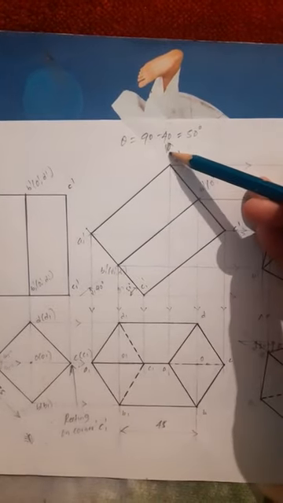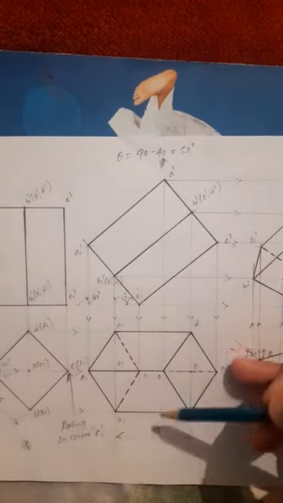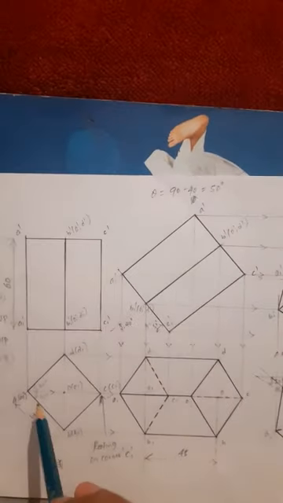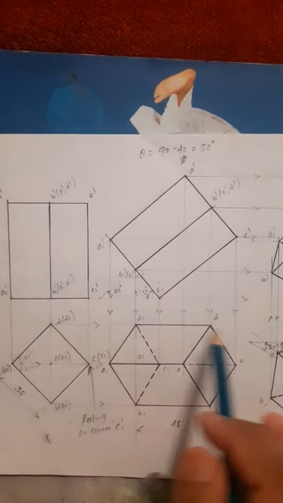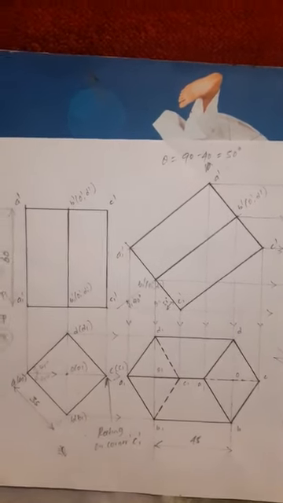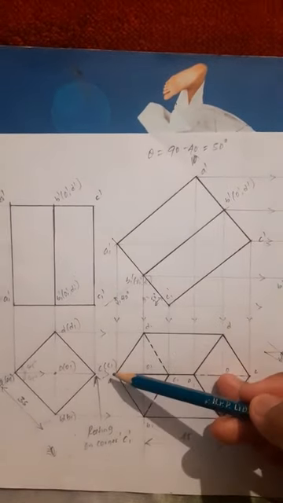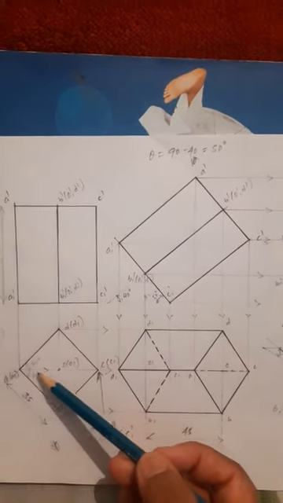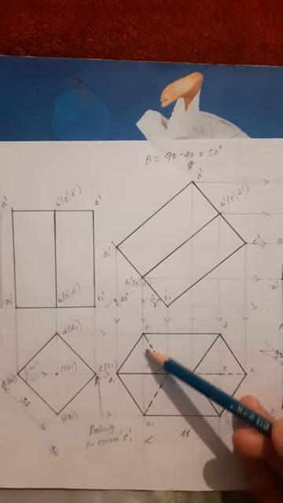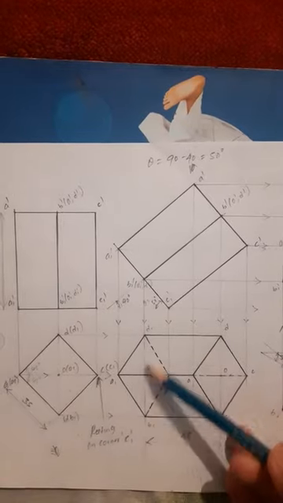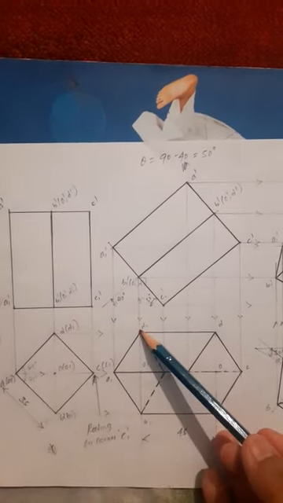Then when we see from the observer above the object, draw all vertical projectors from all the corners, and in the first position top view, draw horizontal projectors from all the corners of the object. Now see the A1 dash vertical projector and A1 horizontal projector meet to give A1. Similarly, B1 dash and D1 dash vertical projectors, B1 horizontal projector, D1 horizontal projector.